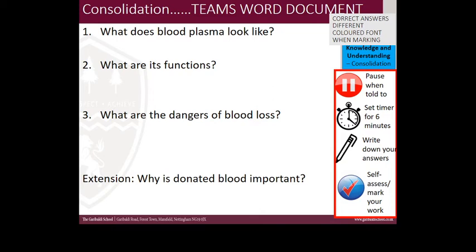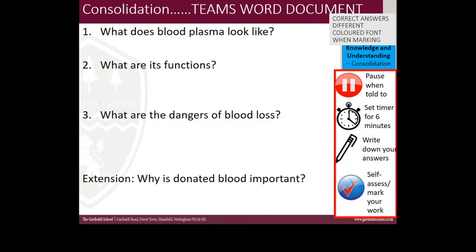Okay, so we have a bit of a consolidation task. If you go to your team's Word document, you will find the questions there. You need to type in your answer. Then at the end, once the timer has gone, if you come back to this video, I will give you the answers. You must correct your answers. If you don't self-assess, it means you're not reflecting.